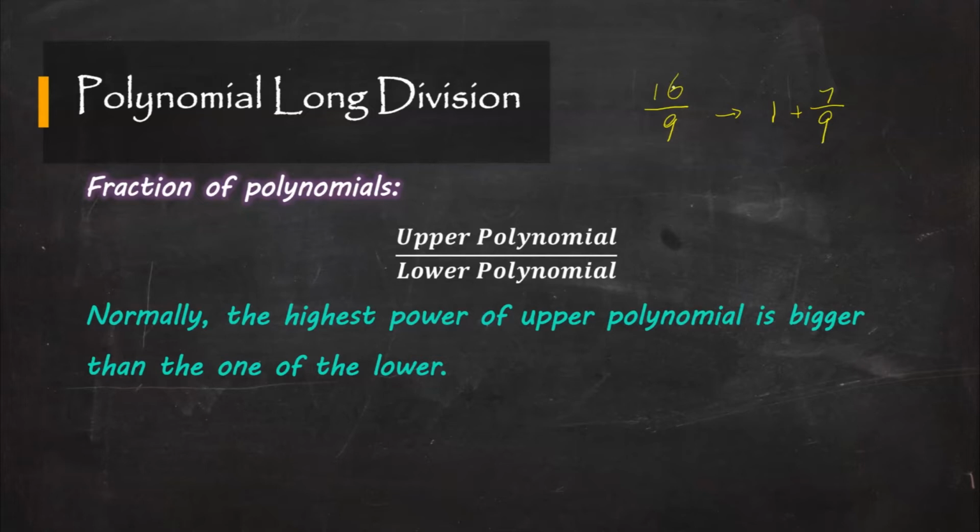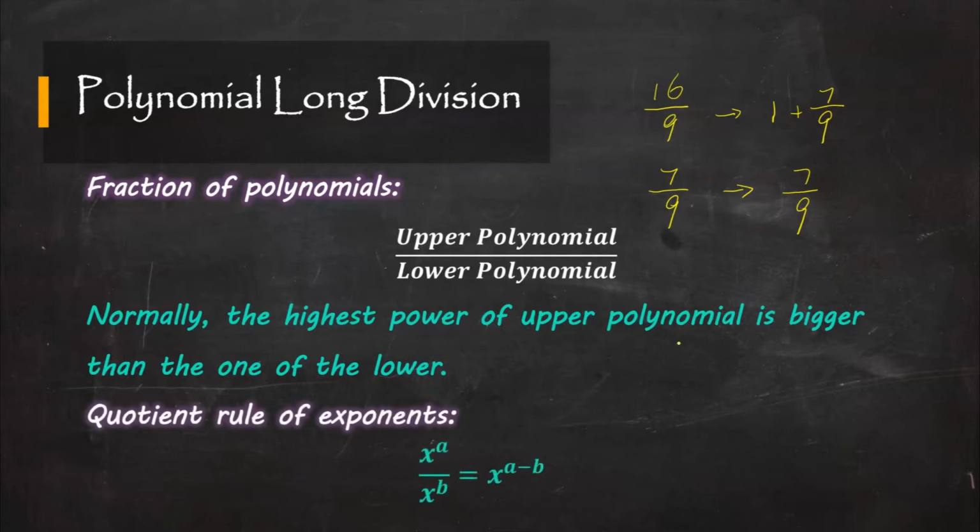However, if the top is already smaller than the bottom, then we don't need to do anything, right? We can just copy it. So there's no point in doing the simplification using long division. Same thing here for the polynomials.